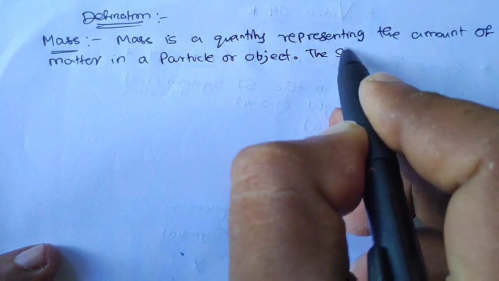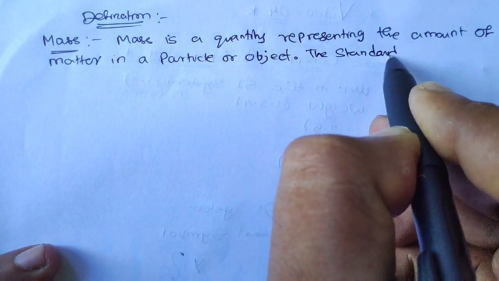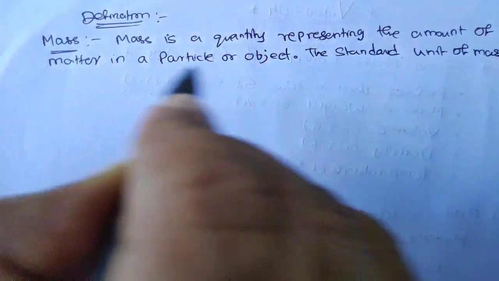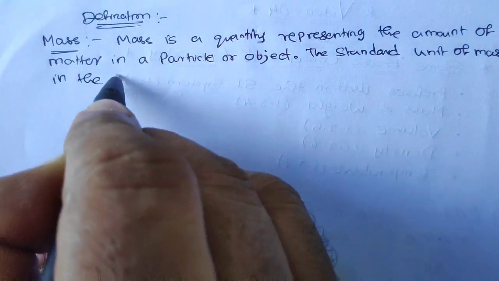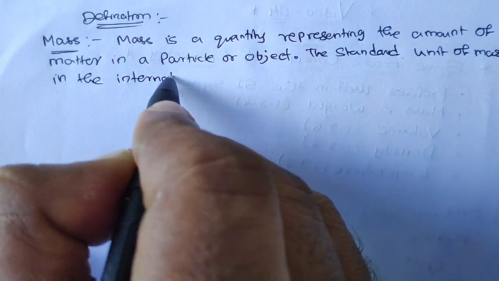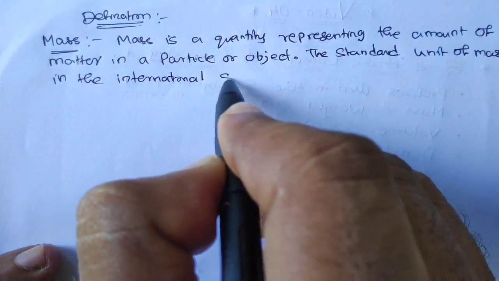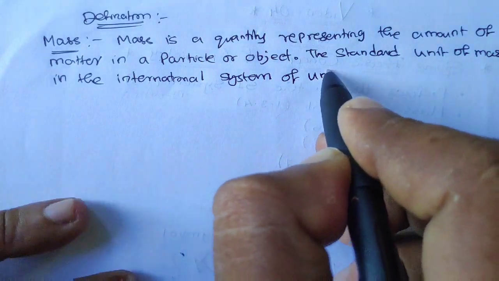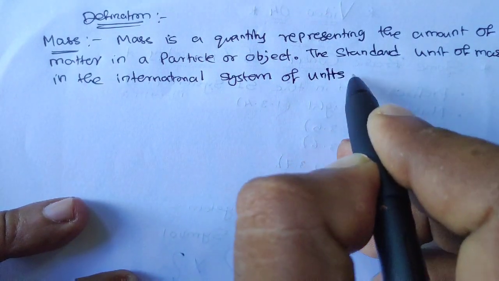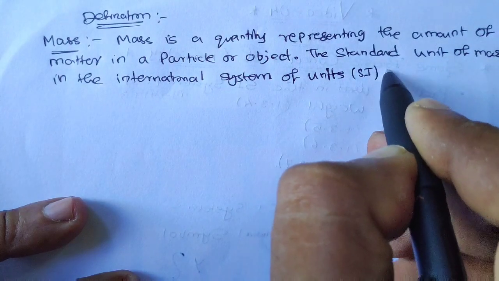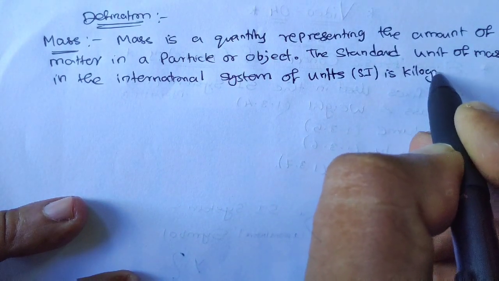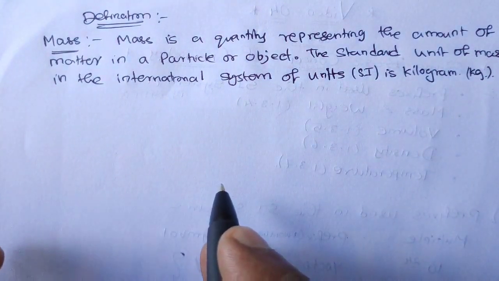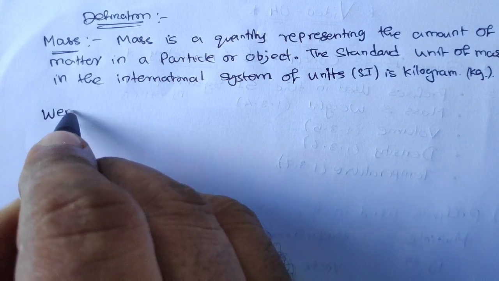The standard unit of mass in the international system of units, that is SI units, is kilogram, that is kg you can write. Understood?